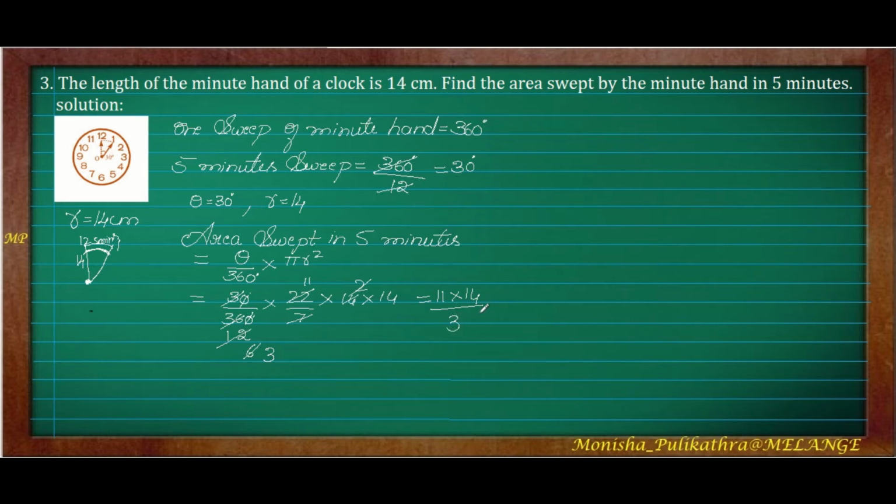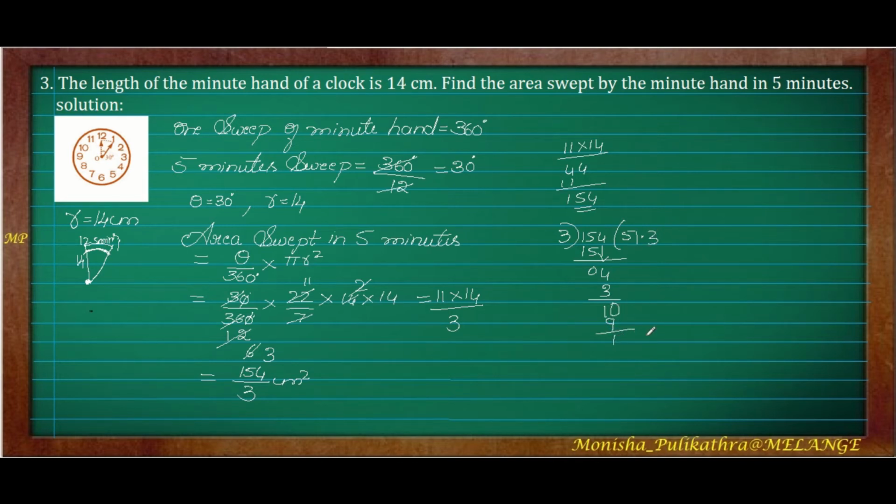So 11 into 14 divided by 3. We can multiply 11 into 14. So 4 1s are 4 and 1, you will get 154. So that is 154 divided by 3 centimeter square. Either you can write it as it is or else you can divide it by 3. So 3 5s are 15, next 3 1s are 3, then 3 3s are 9.